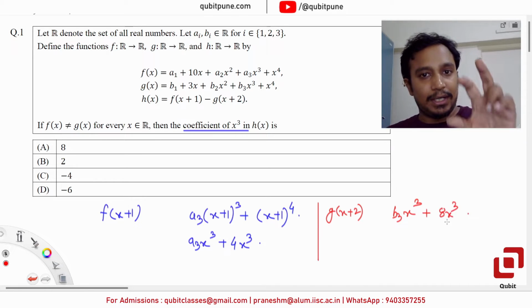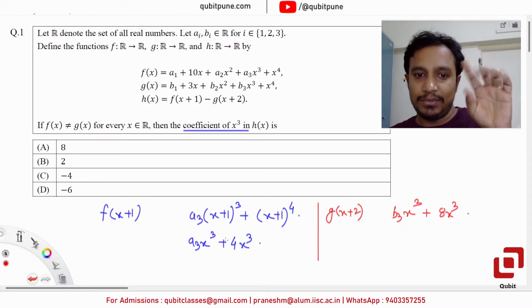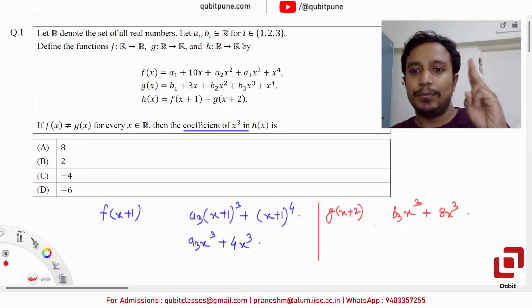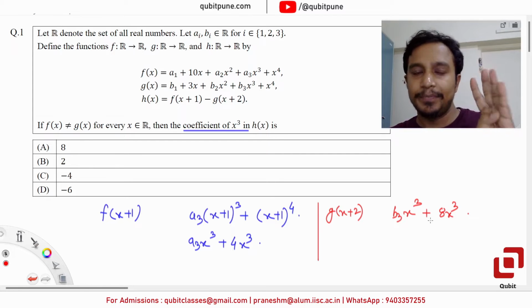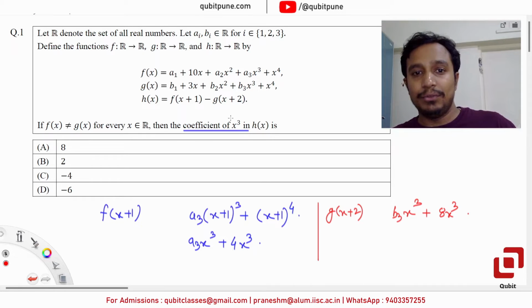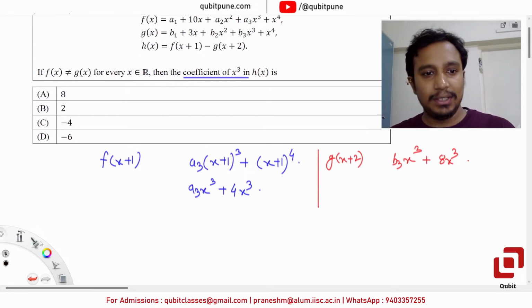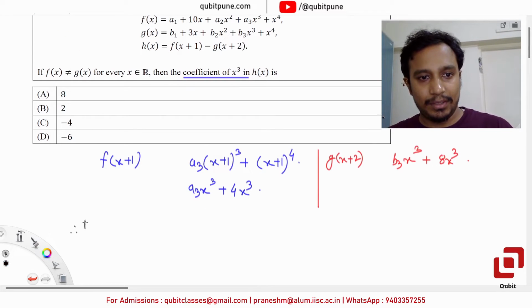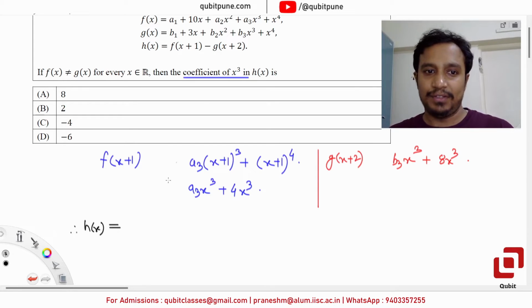Correct? Apart from these 4 terms, a3x cubed, 4x cubed, b3x cubed and 8x cubed, there is no other term in h of x जो x cube है. ठीक है. तो अभी हम लोग इसको सब्ट्रैक्ट करेंगे. Therefore h of x is equal to f of x plus 1 minus g of x plus 2.